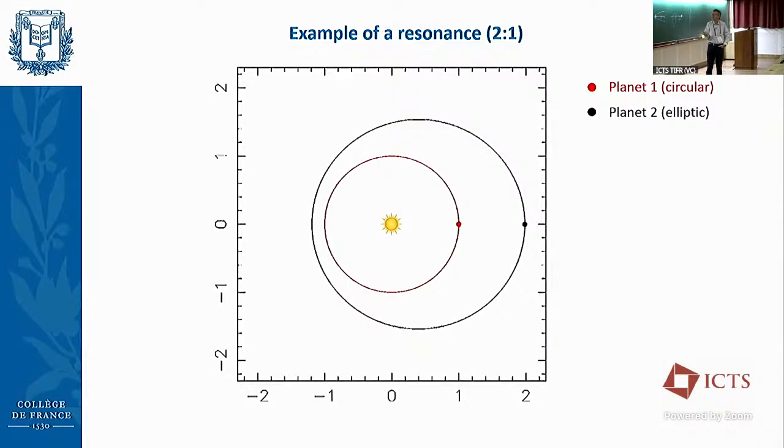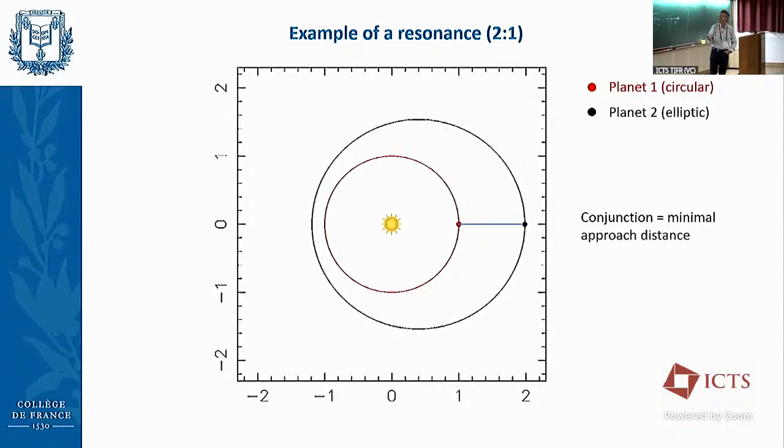And when you are in resonance, the conjunction between the 2 planets is the minimal approach distance of all the configurations that the planets had relative to each other during their motion. This is the configuration where their distance is minimal, and so their gravitational influence is maximal, because the gravitational force is proportional to the inverse of the square of the distance.